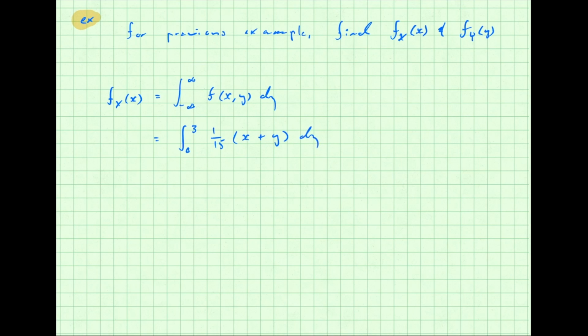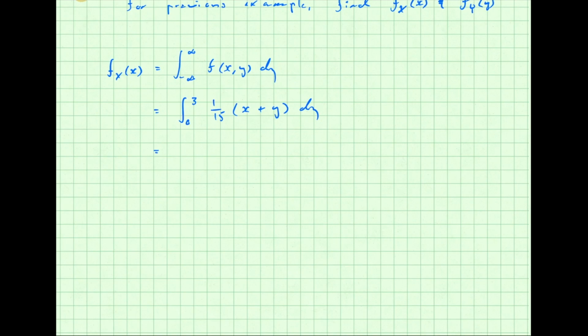The integral over x, nothing happens to the x, so we get 3x. And then the integral over y, we get 1/2 times 3 squared, which is 9/2. All right, so we get 1/15 of 3x plus 9/2. Yeah, that's the marginal distribution for x.